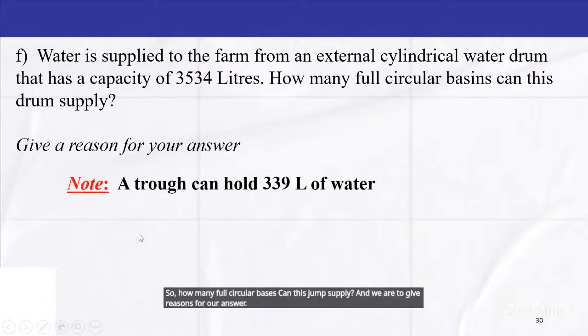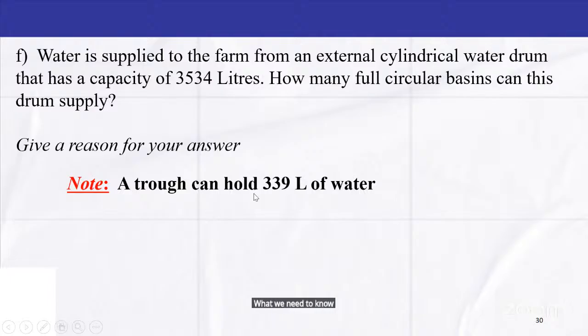But we need to know that a trough can hold 339 liters of water. So let's go again. The water is supplied from an external cylindrical drum that has a capacity. This is the capacity of the external cylindrical drum. But one of the troughs that feeds the cows can hold 339 liters of water.